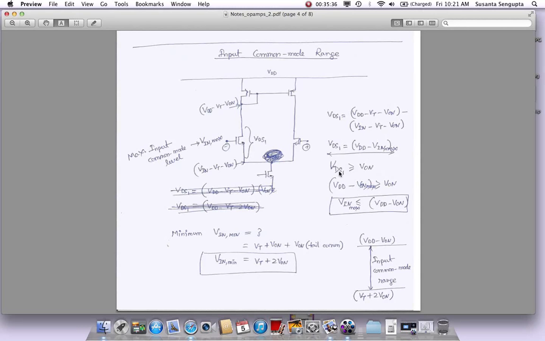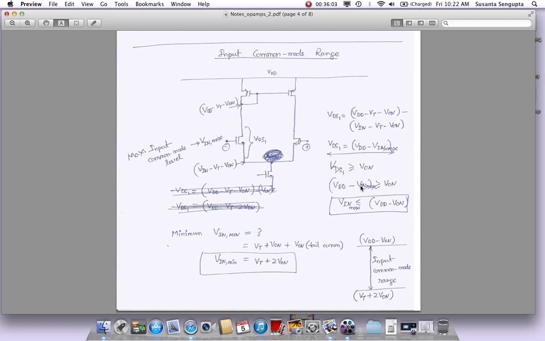You want to make sure that this VDS always maintains a V on, to keep this device in saturation. Otherwise, when this device goes to active, it will start losing gain, and the op-amp will not do what we want it to do, which is to provide high gain with all the devices remaining in saturation. That will not be true anymore. So VDS has to be greater than or equal to V on.